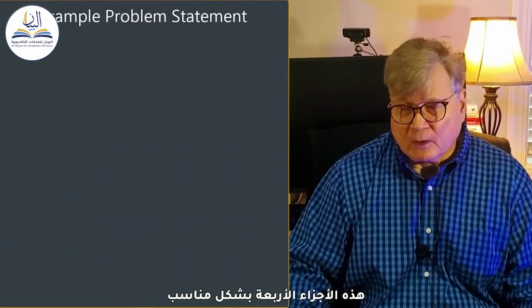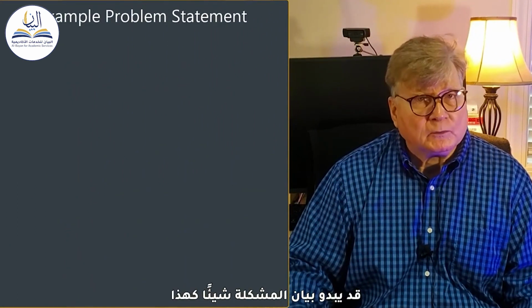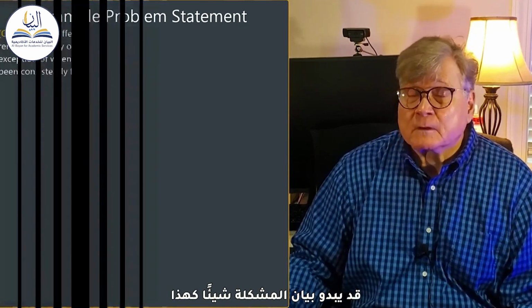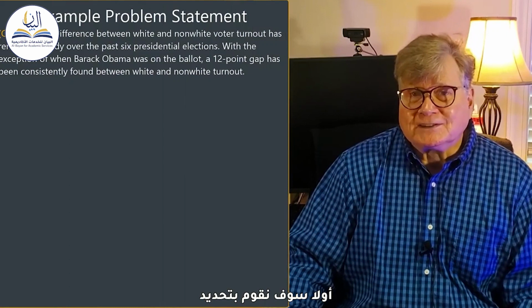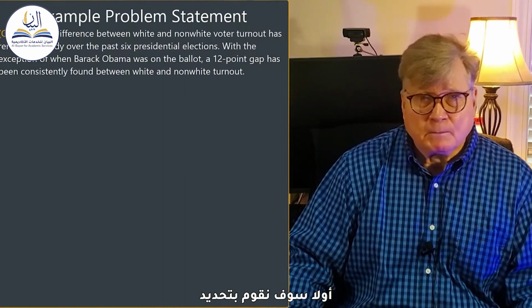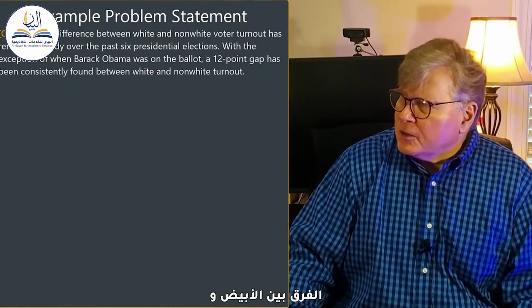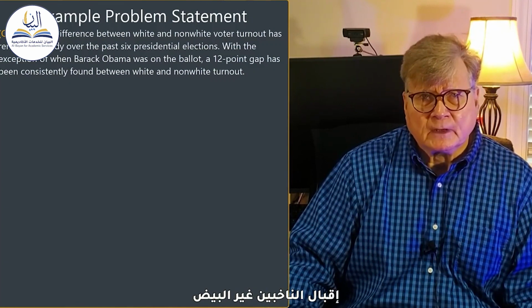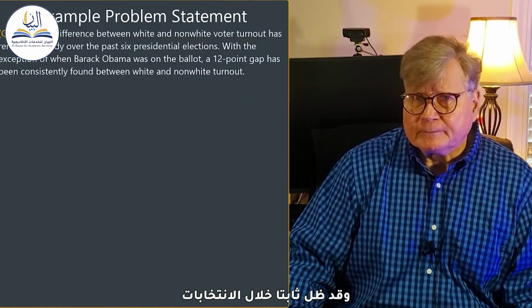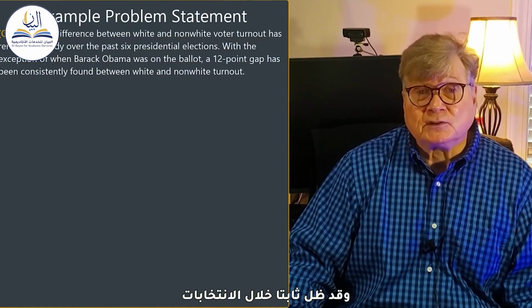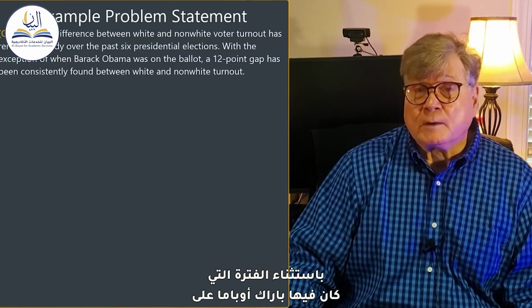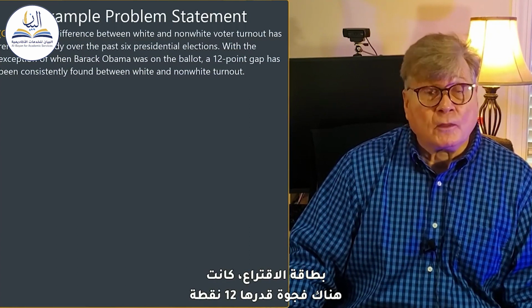Using these 4 parts, an adequate problem statement might look something like this. First, we will establish the context or background. The difference between white and non-white voter turnout has remained steady over the past 6 presidential elections, with the exception of when Barack Obama was on the ballot.